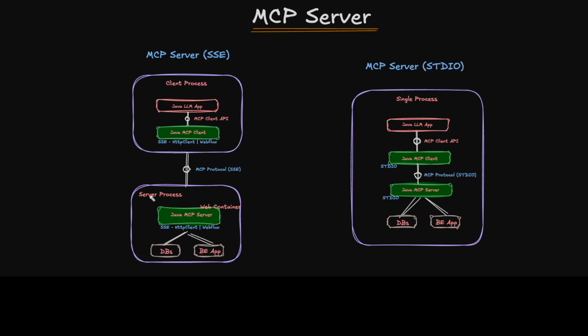Similarly, on the server side, which we will show how we can create, you will create your Java Spring application. I'm assuming this Java Spring application is running on a web container. In that web container, you can set up your MCP server. And since we are over HTTP, you will implement the SSE protocol for this.